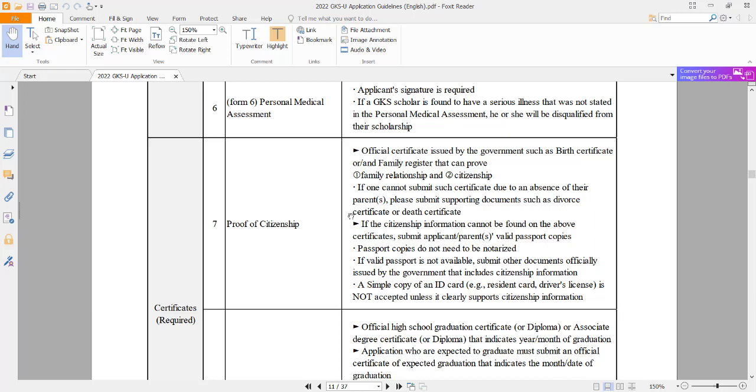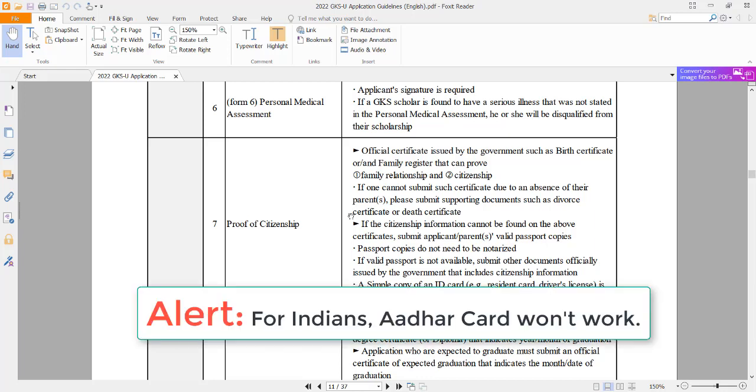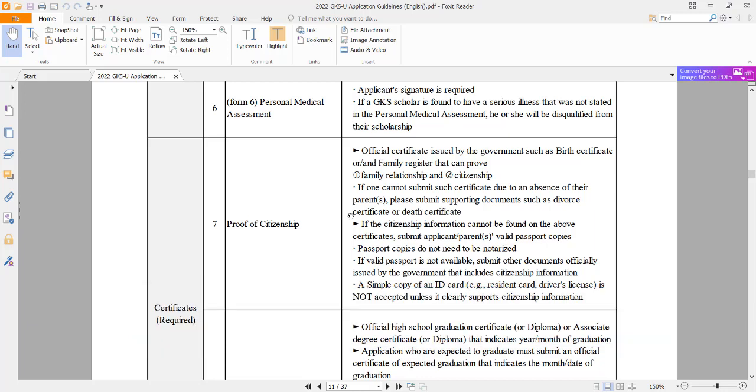If you don't have that, you can go for some national ID cards, like an election ID card, or say some insurance card, which can prove that you are a citizen of that particular country. And if you have a family register, stating your name, father's name, mother's name, and your permanent address, then that will be perfect.